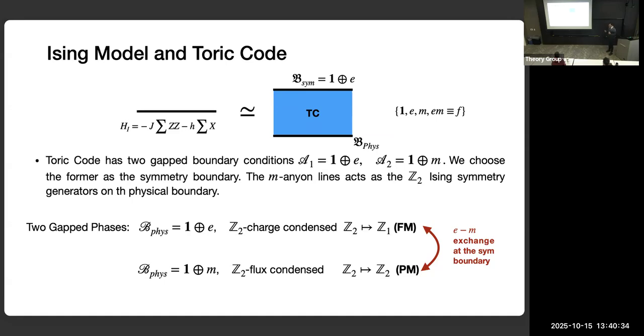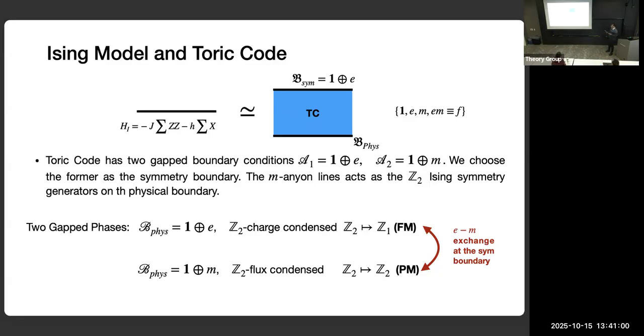Now notice that the toric code itself has some internal symmetry where you can exchange the anyon labels E and M, and the toric code doesn't change. This EM exchange symmetry, if you apply it to the top boundary, changes E condensation to M condensation, but it also changes the phases, because now what you call charge becomes flux and what you call flux becomes charge.